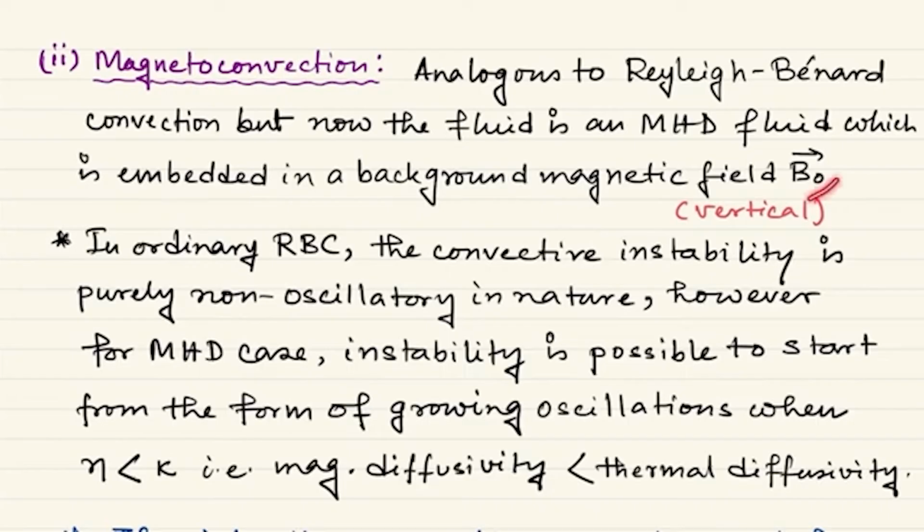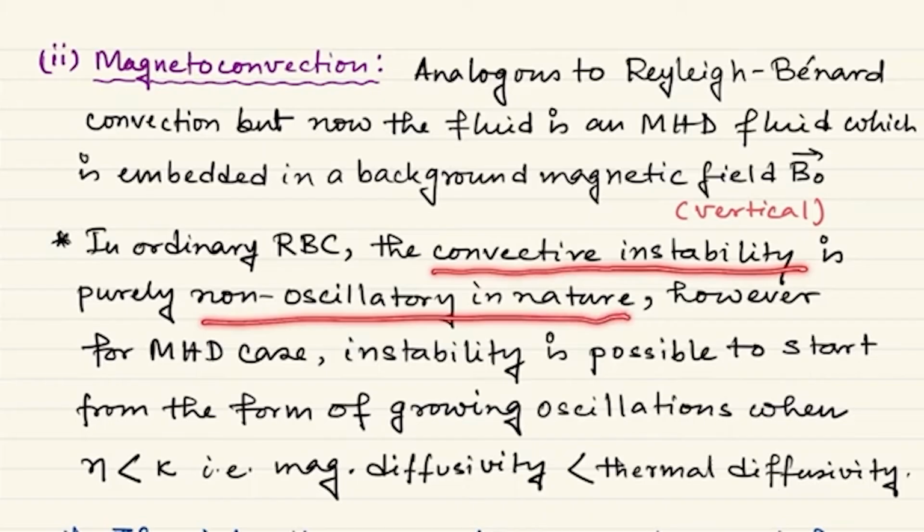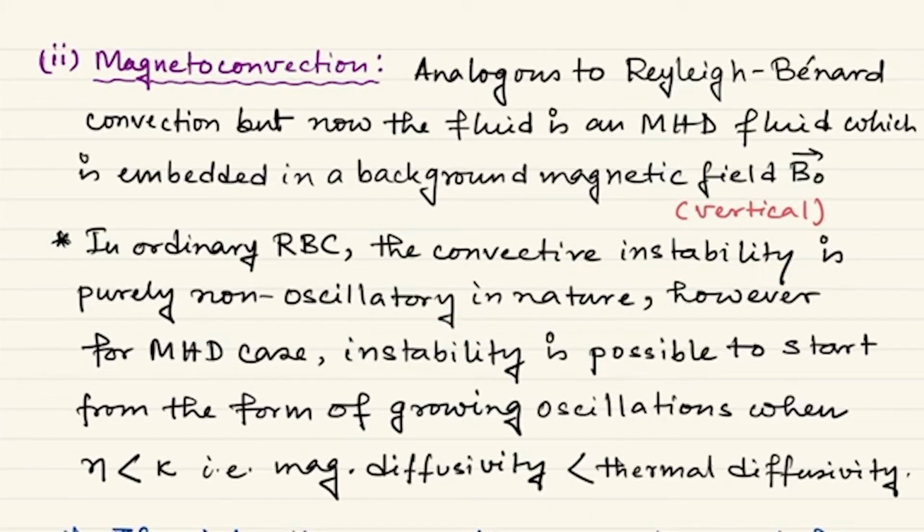That was absent for a normal RBC, Rayleigh-Bénard convection. In ordinary RBC, the convective instability is purely non-oscillatory in nature. If you remember the nature of the solutions, when the instability was setting in, the system was totally non-oscillatory.